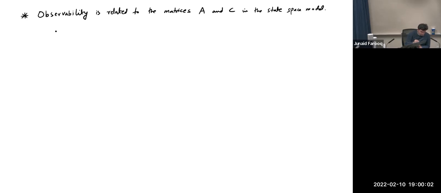Okay, so when I say x dot is Ax plus Bu and y is Cx plus Du, then A and C are the ones that determine the observability.